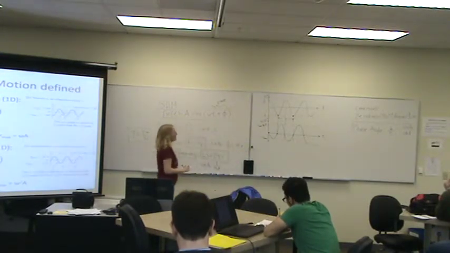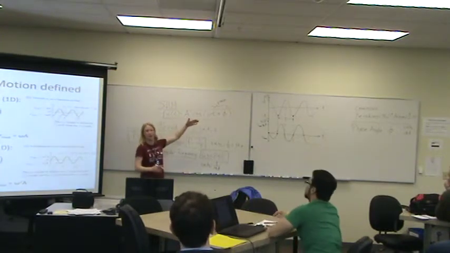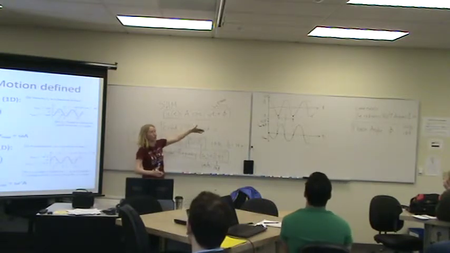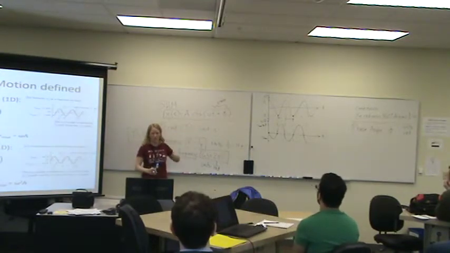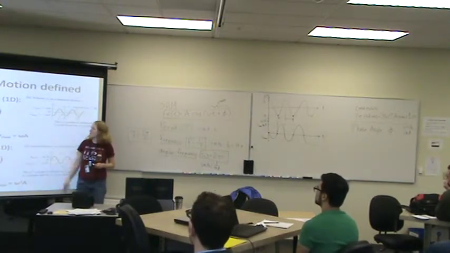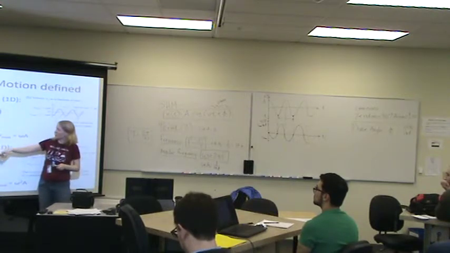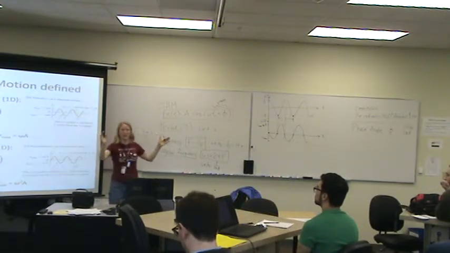Okay, so that way you can visualize the math in the equation, and this is basically just taking a derivative. The acceleration is the derivative of the velocity function. If you take the derivative of all this, you get negative omega squared A cosine of the phase.